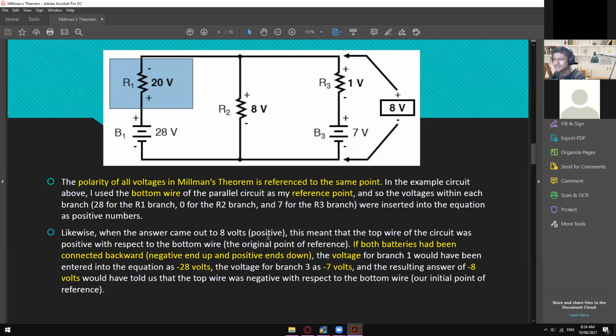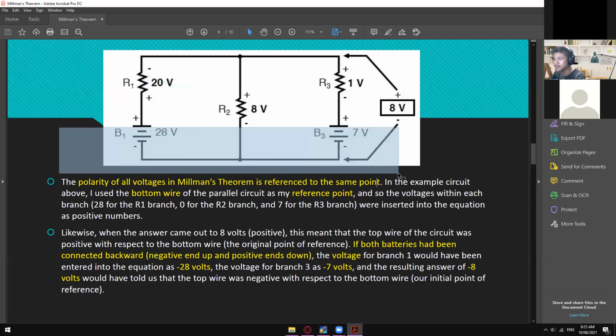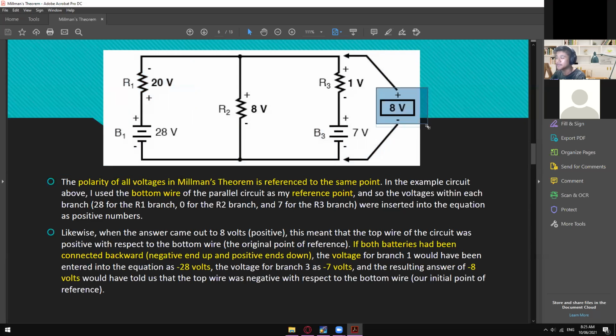So yeah, that one is really quite confusing at first, but once you've learned that, you have to consider the reference point only for this one, and you will learn somehow that that's not how it works in Millman's theorem. Okay, because if you're going to consider the symbols of this one and this one at the same time, it will give you 36 volts, right? But since we're getting the voltage drop, we have to deduct.